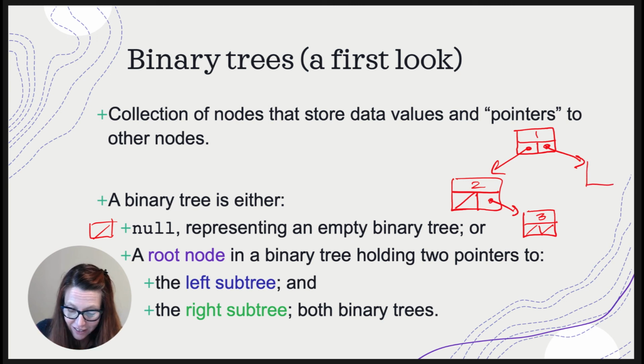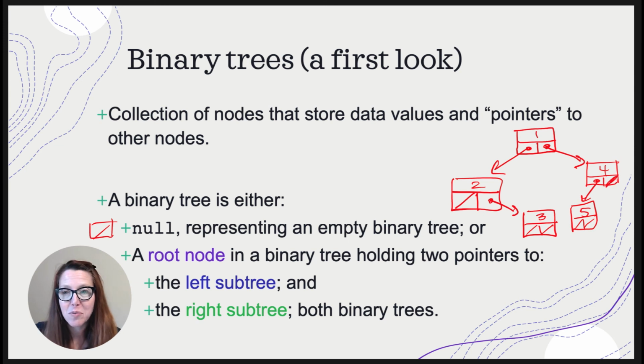On the right, we can see the same. So maybe it holds data 4, and it has a left representation, but the right subtree of 4 could be empty. Whatever it looks like, it's at most pointing to 2 different subtrees, the left and the right subtree.